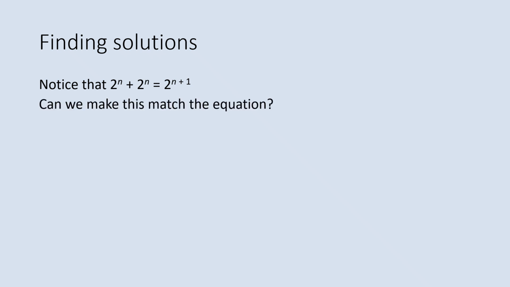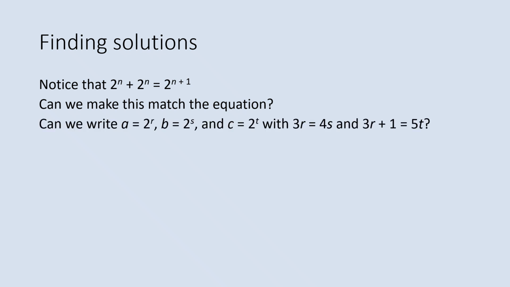And so we want to see if we can make this structure match our equation of a to the third plus b to the fourth equals c to the fifth. The idea is we want to write a as 2 to a power, b as 2 to a power, and c as 2 to a power, like 2 to the r, 2 to the s, and 2 to the t.